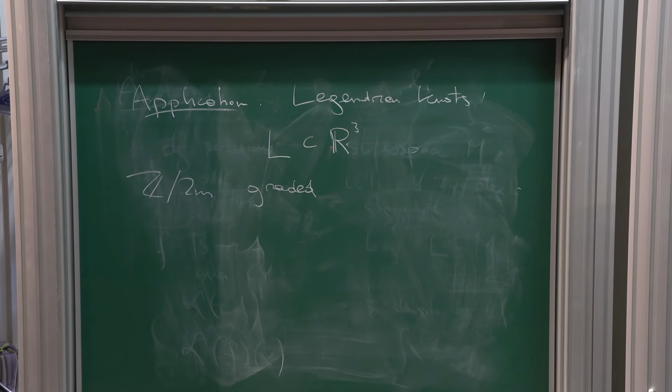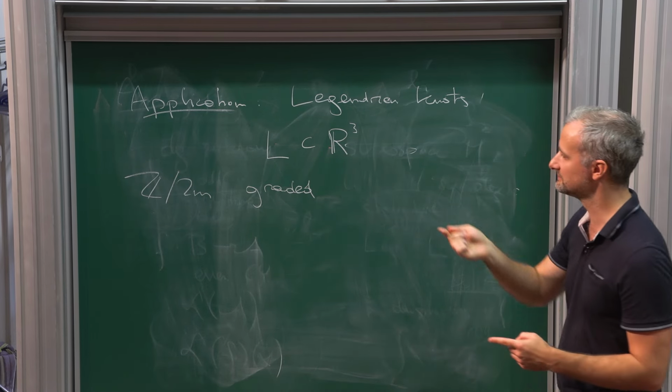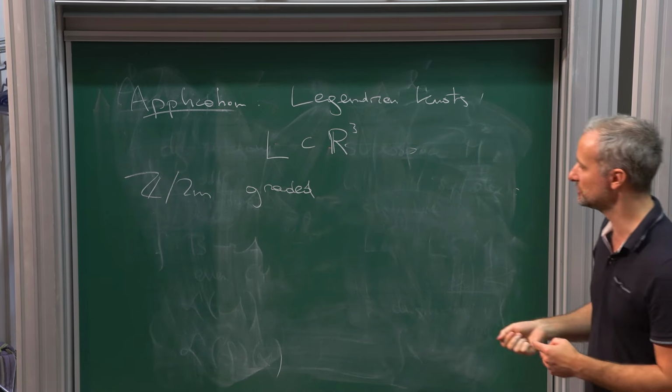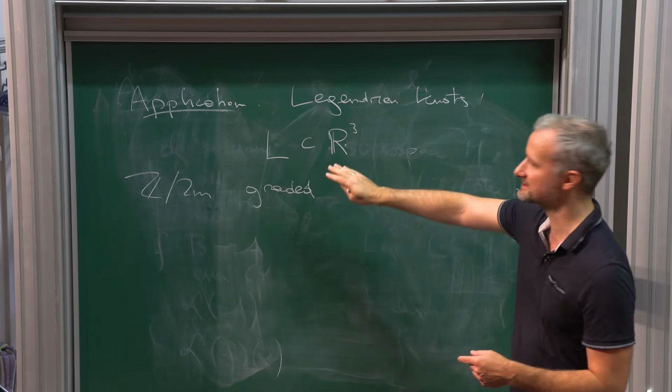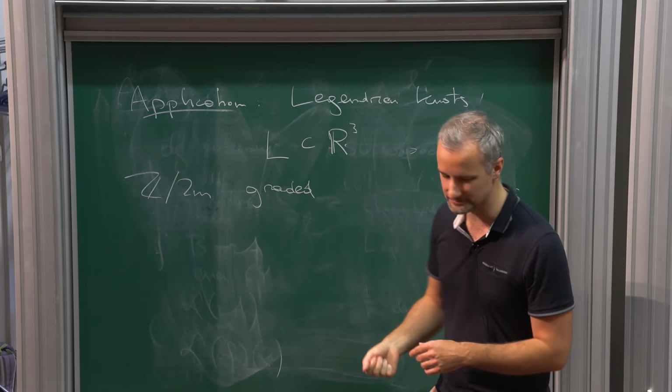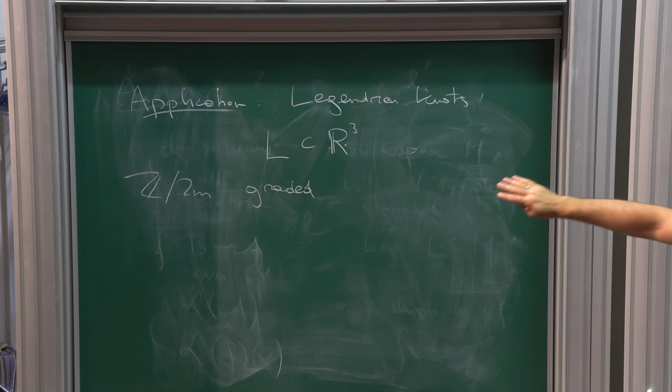To have this kind of structure, I need the total winding number along each component of L to be divisible by 2m. In particular, if m is 1, a Z/2 grading is just an orientation of L. L could be a link, it doesn't really matter for me too much. In fact, we also look at tangles in the paper, and you can do everything for tangles as well.